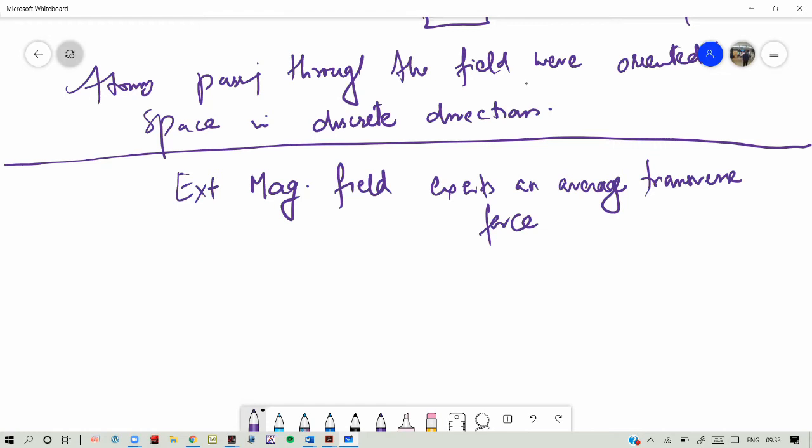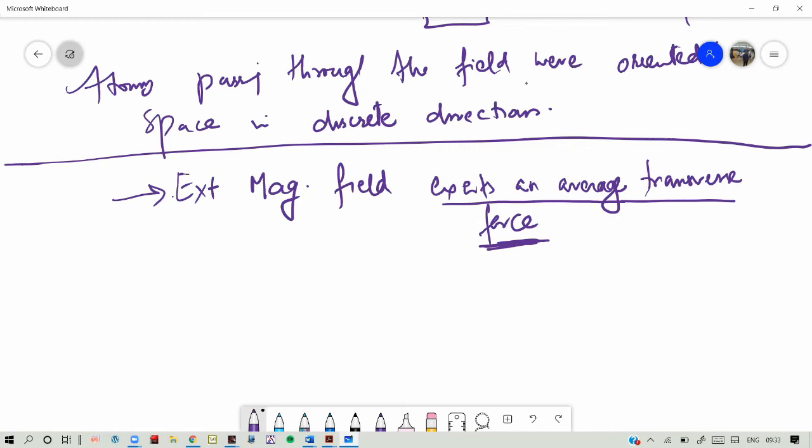One point is important: if it had been a uniform magnetic field, we would have that Lorentz type of force. So the external magnetic field here exerts an average transverse force which is experienced by an atomic magnet. Atomic magnet means silver atom.